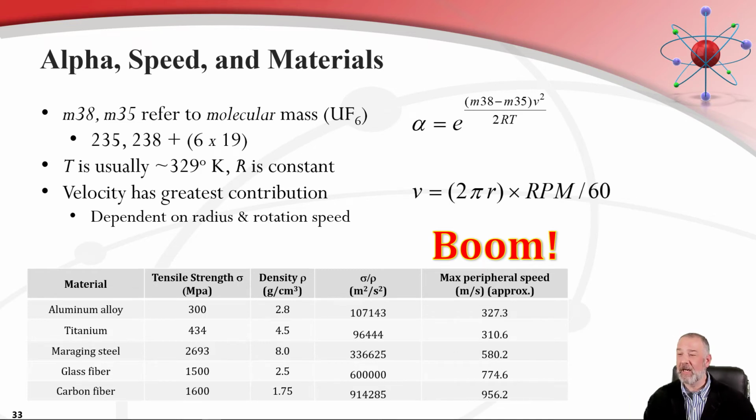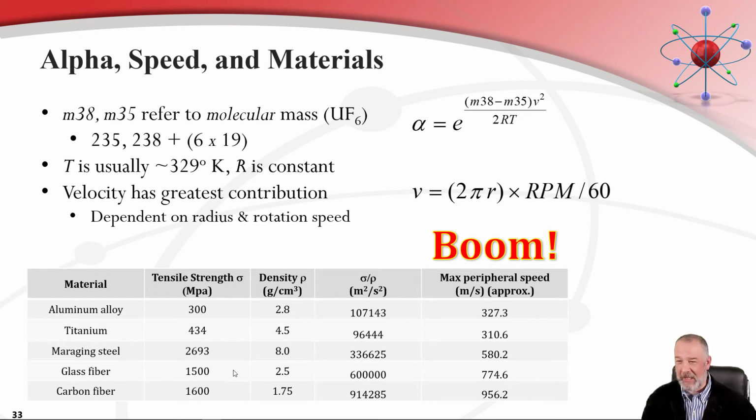So what we're seeing here is the values that I pulled for both the glass fiber and the carbon fiber, again, may not be representative specifically of the materials that are used to construct these gaseous centrifuge rotors, but we'll call it close enough for all intents and purposes. And we can see that it's 956 meters per second.